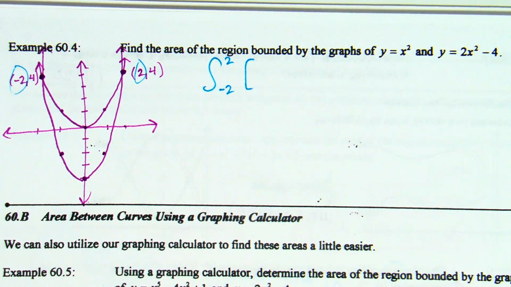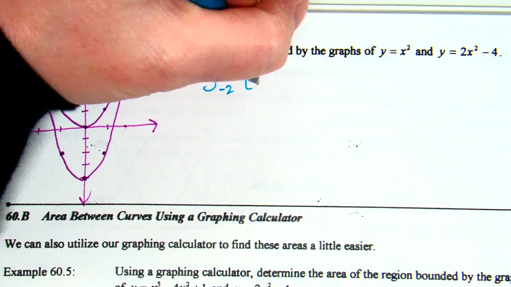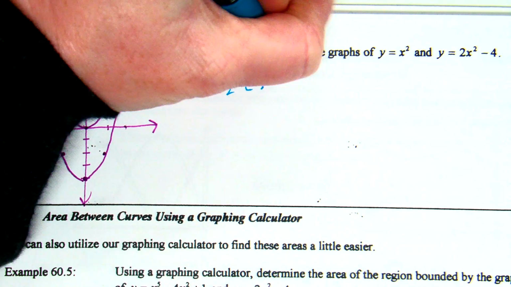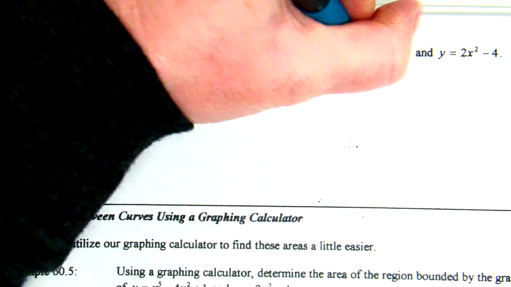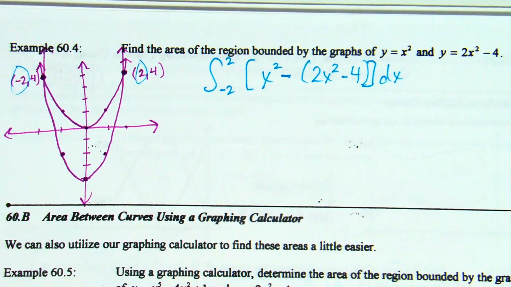Don't go there yet, but yes, I agree. What's the beginning step for everyone to see? x squared minus the graph 2x squared minus 4. Now you could start integrating here, but it is so much in your better interest to combine like terms when possible, because I'll save you some integrating.